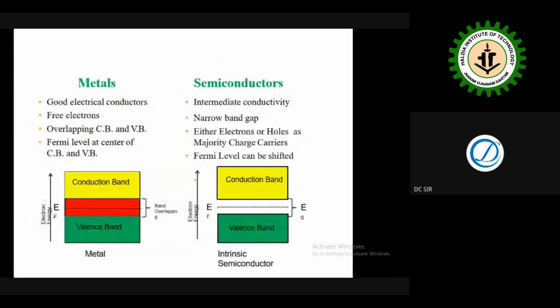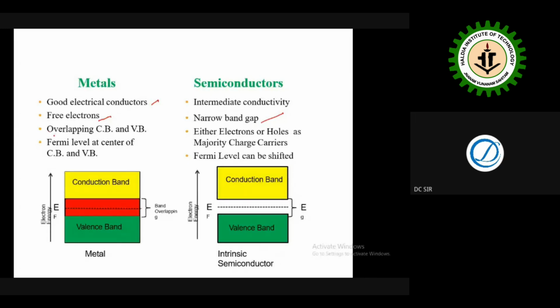We see the difference between metal and semiconductor: metal is a good electrical conductor and semiconductor has intermediate conductivity. In metal there are free electrons; in semiconductor there is a narrow band gap.